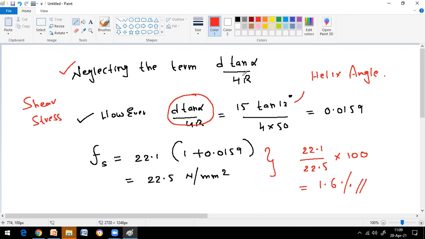Okay, so let me correct it. 22.5 divided by 22.1 into 100.